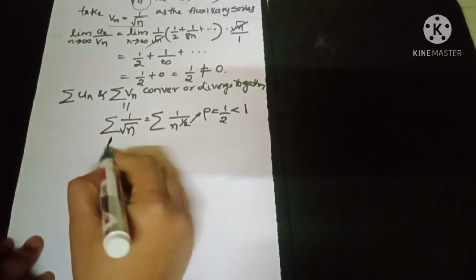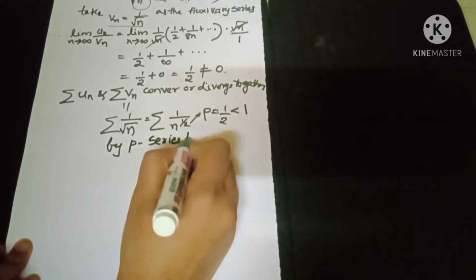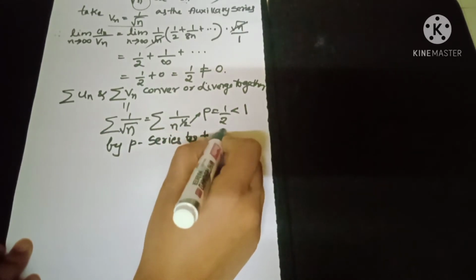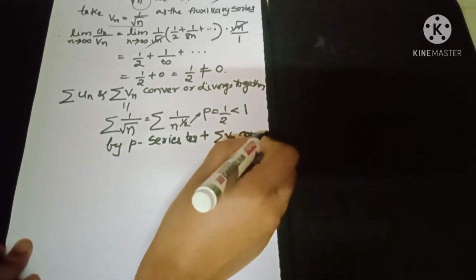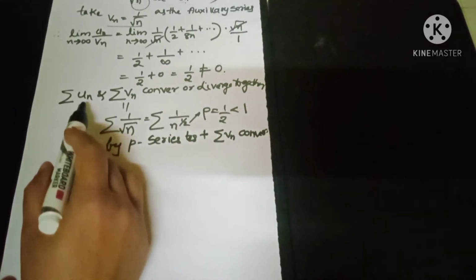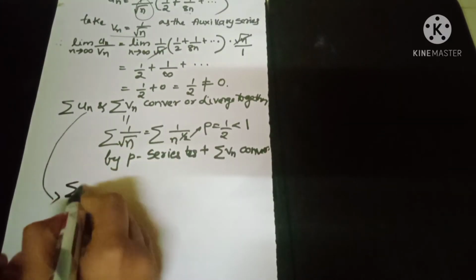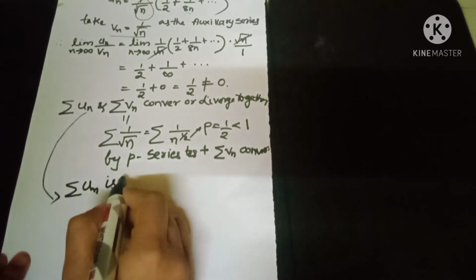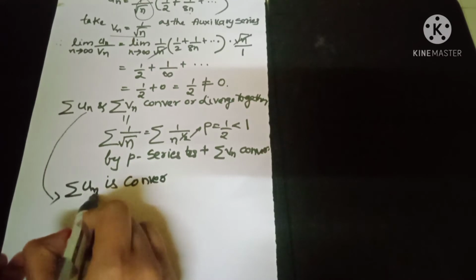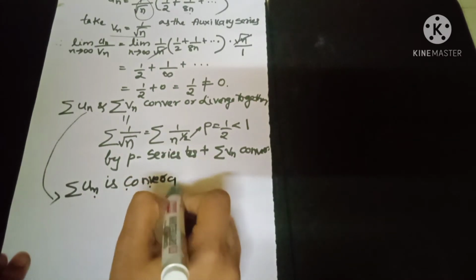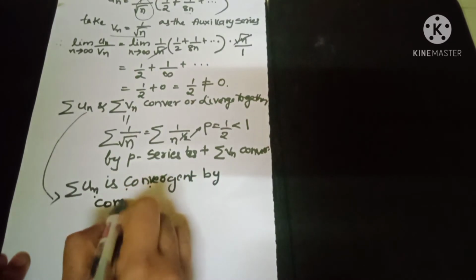Therefore, by p series test, sigma Vn is convergent. Therefore, our given series sigma un is also convergent. Since Vn converges, the given series is also convergent by comparison test.